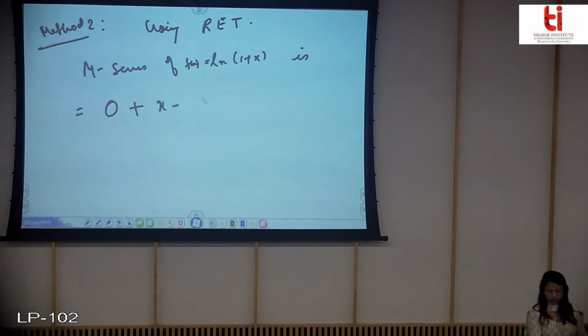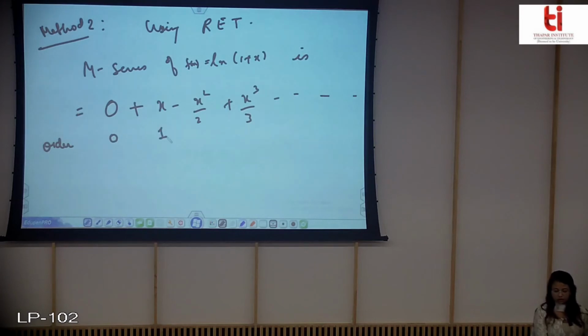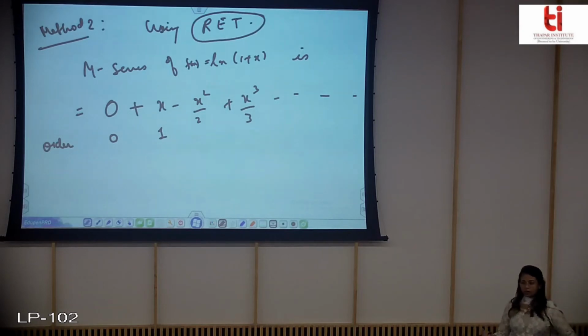Then x, then x square by 2 factorial, and x cube by 3 and so on. Now you can see this is a Taylor polynomial, because the remainder estimation theorem requires the Taylor polynomial, and for the Taylor polynomial we need to know up to what order.